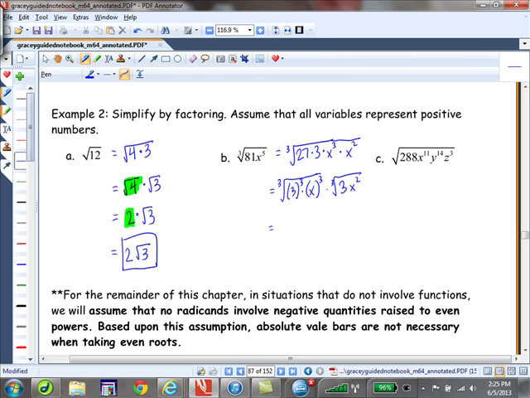So now, every time we match the power with the index on the radical, it's just that number that comes out. And we get 3 times x, and then here times the cube root of 3x squared. But remember, this is just 3x, and then cube root of 3x squared. That means times in between.